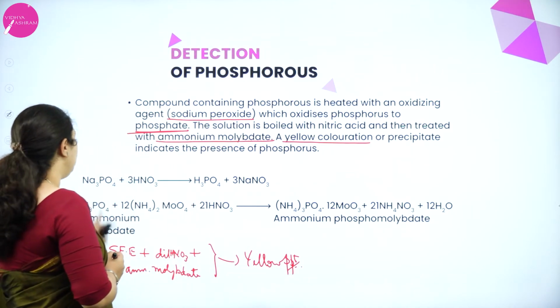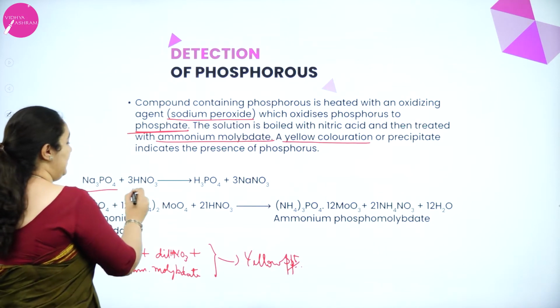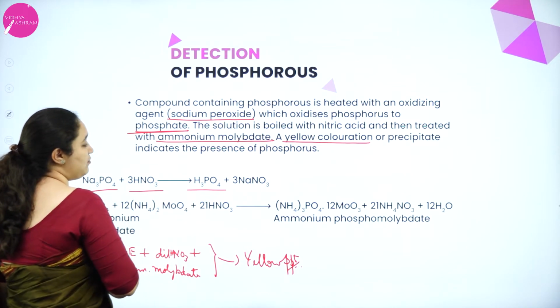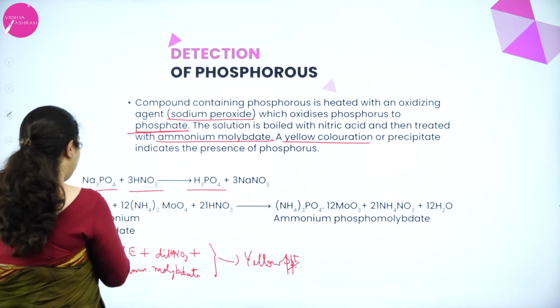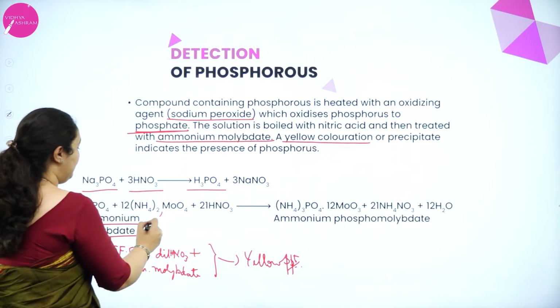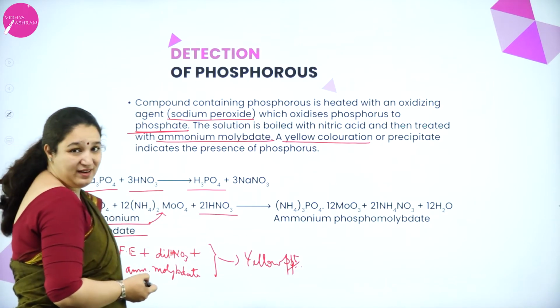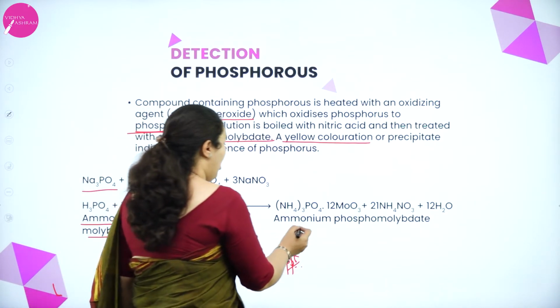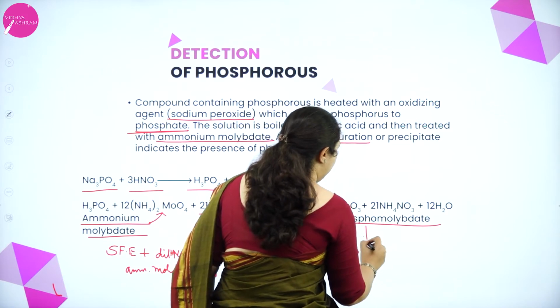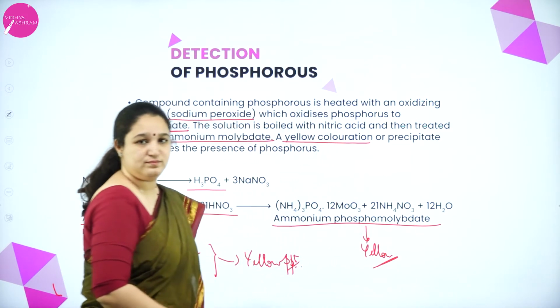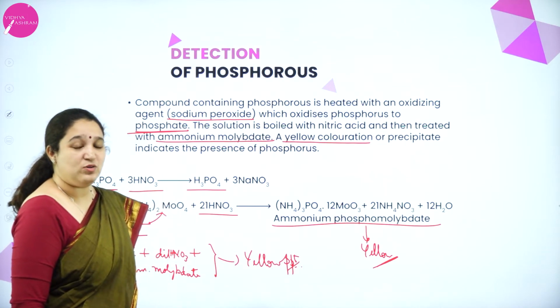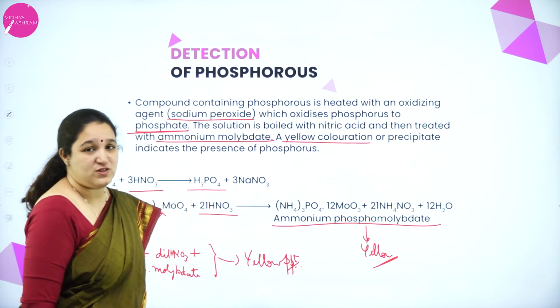Okay, so you're taking sodium phosphate, add nitric acid, it forms phosphoric acid, H3PO4. Further, add ammonium molybdate to the solution. Nitric acid is already there. You'll get ammonium phosphomolybdate, which is yellow color. Okay. So that's about the detection of phosphorus.